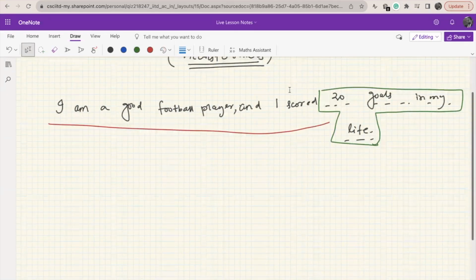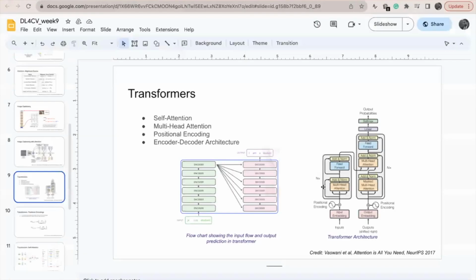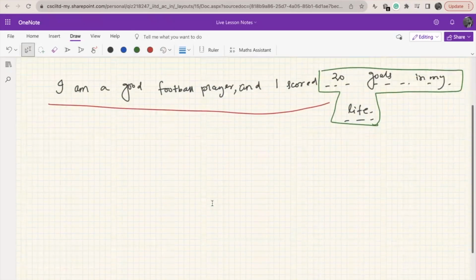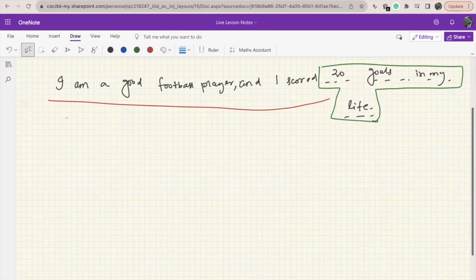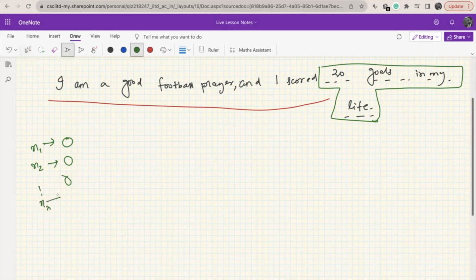So the first layer, if you look carefully here, is the input layer, and we're getting input embeddings. It's very common to ask, what is an embedding? All the neural networks that you see today take numbers into account, like ANN or CNN. You have to pass some numbers N1, N2, NN.